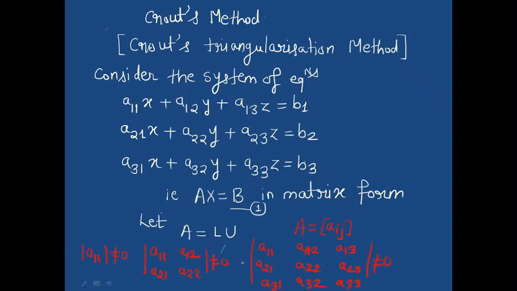If this condition is satisfied, then every square matrix A can be expressed as a product of a lower triangular matrix and an upper triangular matrix. Such a factorization, if it exists, is always unique. Then, depending upon the entries in the diagonals of the lower and upper triangular matrices, the particular methods are named.